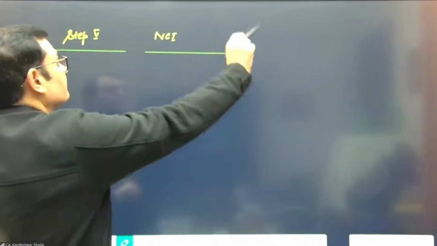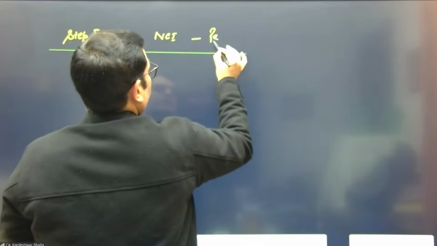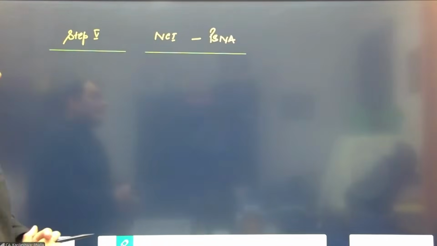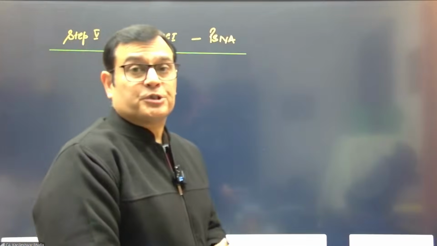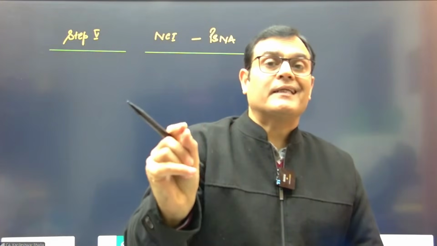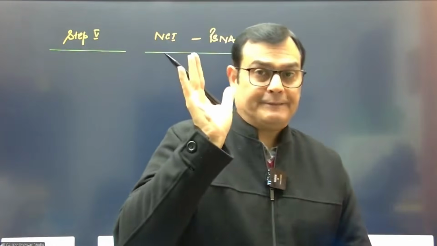So by default, the NCI will be taken at PASNA if the question is silent. Because if it is at fair value, he will also give you the fair value of the shares of the acquiring company. In the absence, it is implied that we're using proportionate share in the net assets of the company. And when you consider the proportionate share in the net assets, you have to consider the net assets in step number 3B.